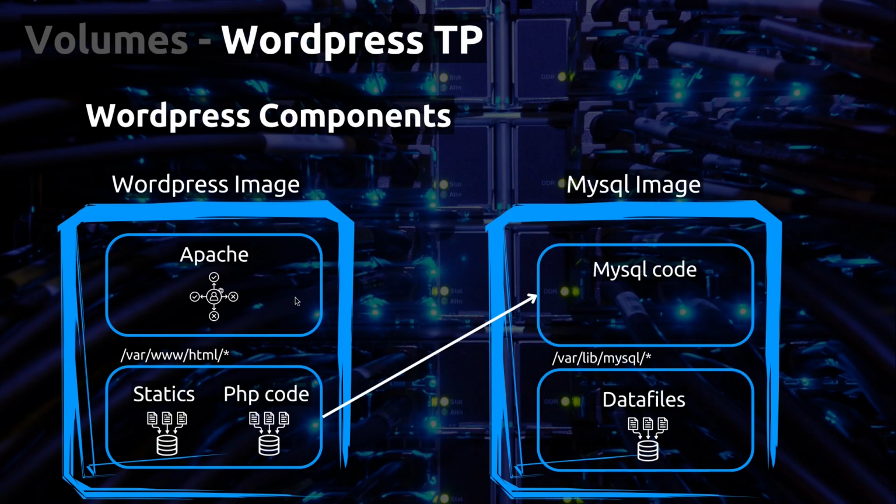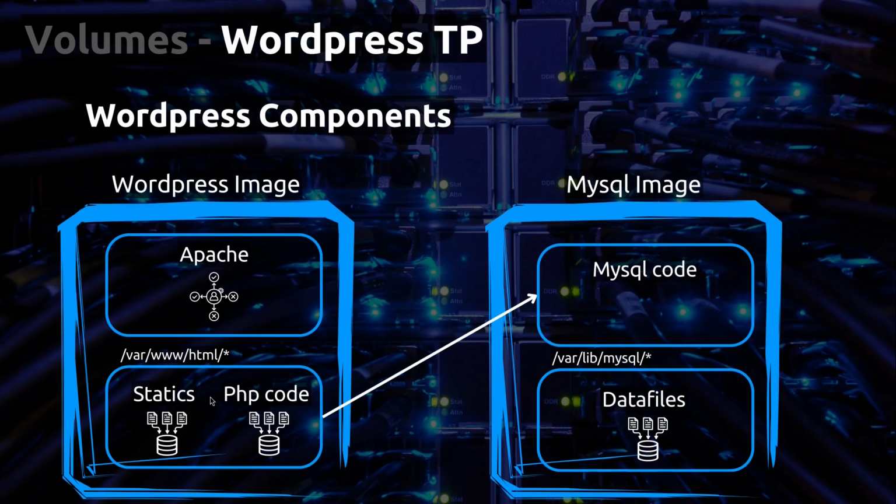If you have already practiced Apache, it's the same idea, but it's inside the container, so you need to pass environment variables if you want to configure it. And aside from it, inside the same container, you have your WordPress, which means you have PHP code, of course, and you have some statics in it.